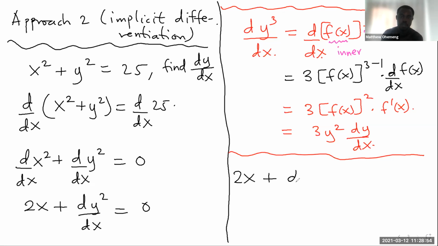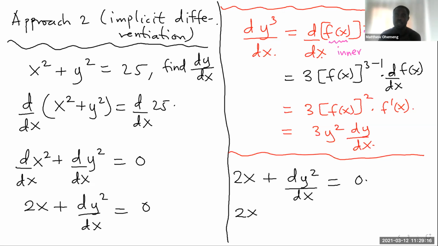So with this one, we have 2x plus d of y squared over dx equal to 0. So the question is, can anyone please help me with this? What do you think d of y squared over dx is going to be? Based on what we just discussed, what do you think? Y is some function of x.